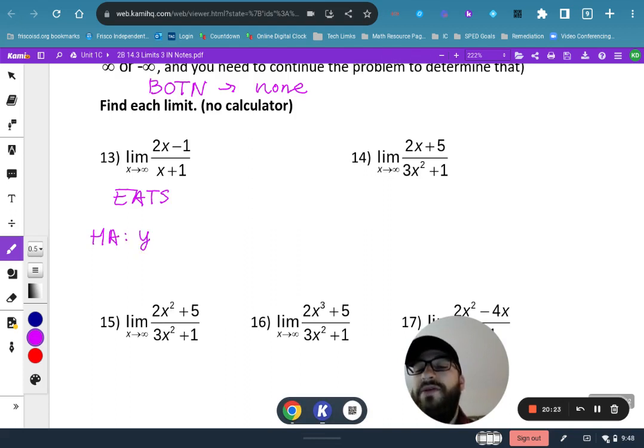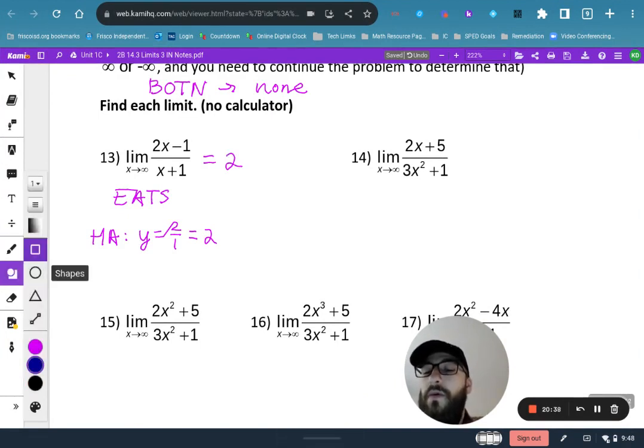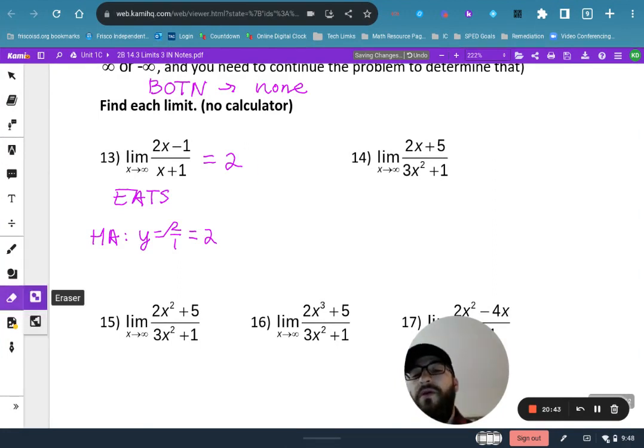So y is equal to 2 divided by 1, which is just equal to 2. And because our horizontal asymptote is equal to 2, our overall limit is equal to 2. Relatively straightforward.